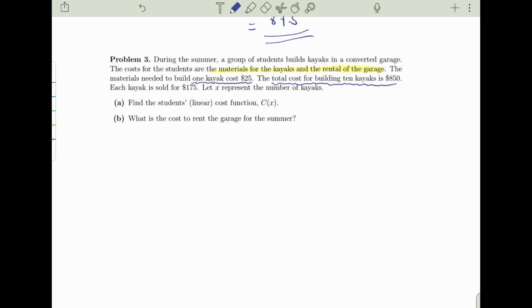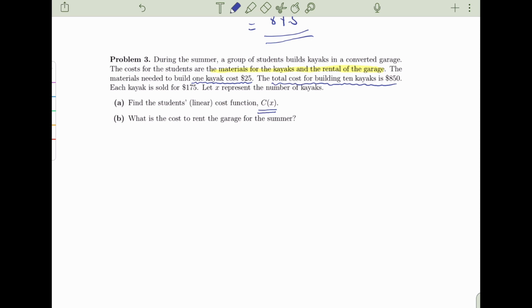What we're working on here is the cost function c of x, and x is the number of kayaks that we are gonna build. So what is c of x here? We need 2 points to figure out this function.